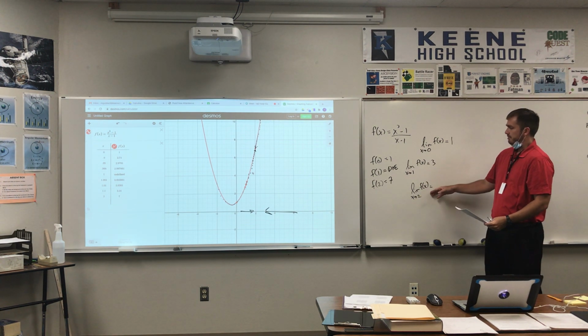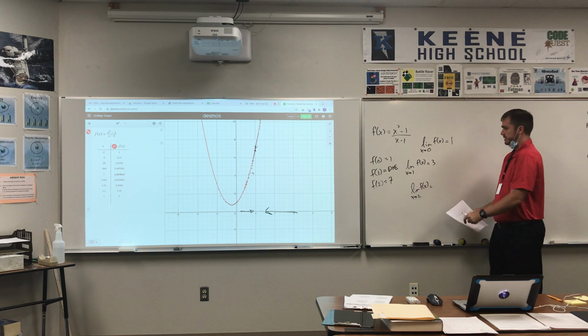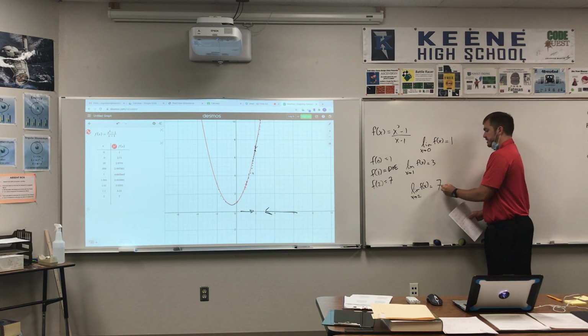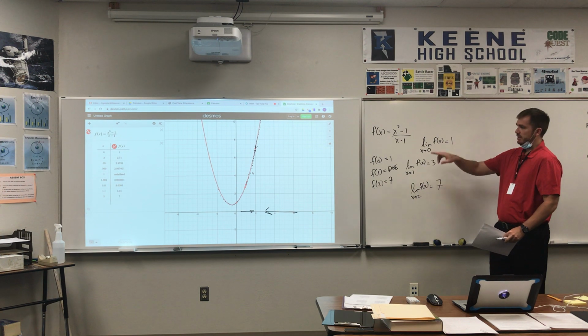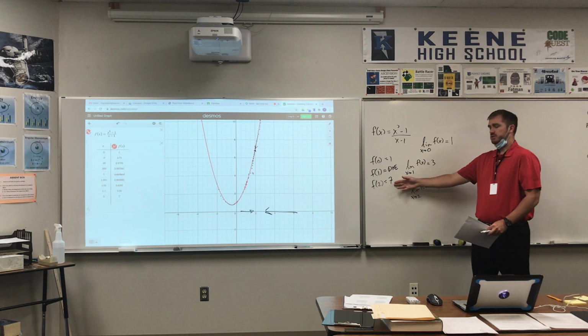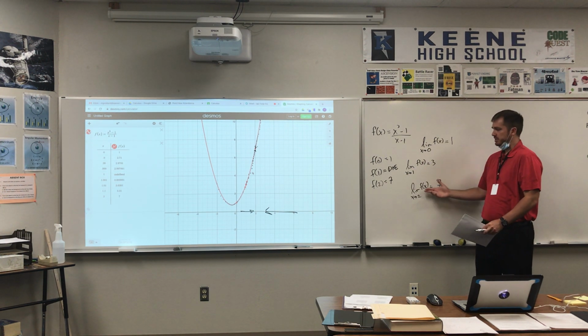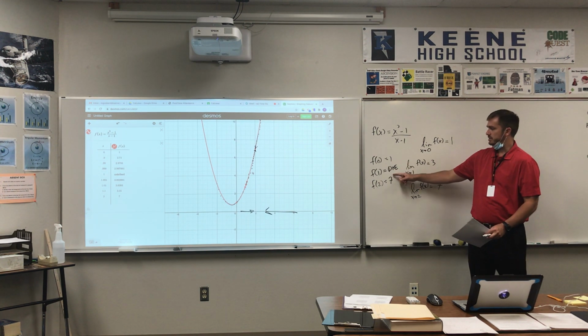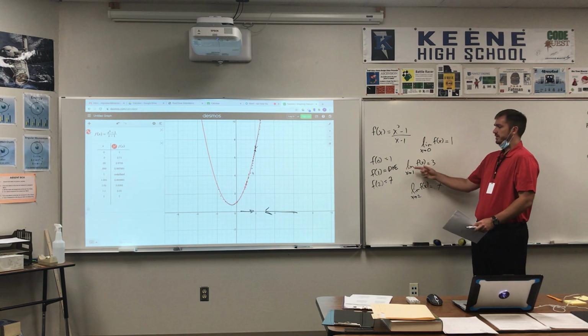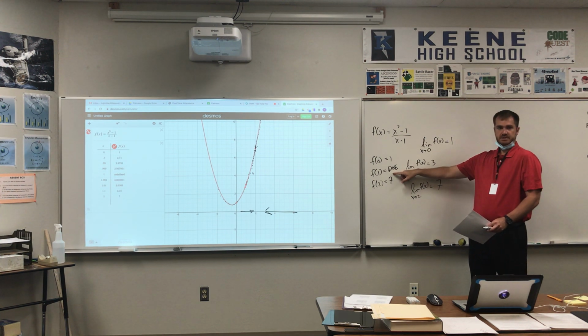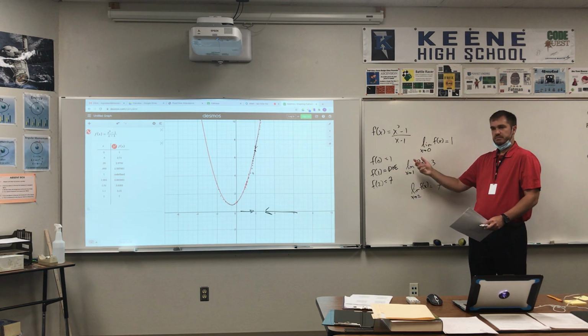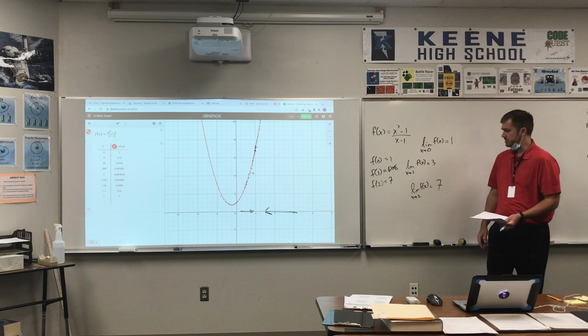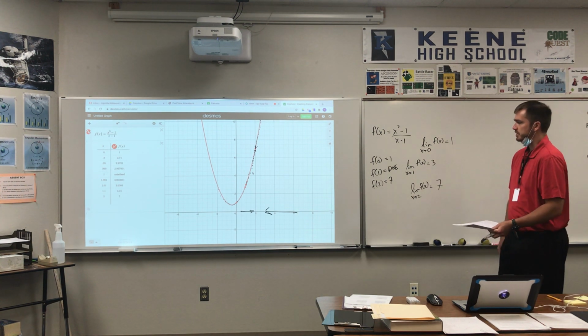And in this particular case, at this spot on that function, it approaches 7 and it is 7. At the spot where there was the hole, it approaches 3, but at that spot it didn't exist. Okay? So just making sure we've got some terminology here.